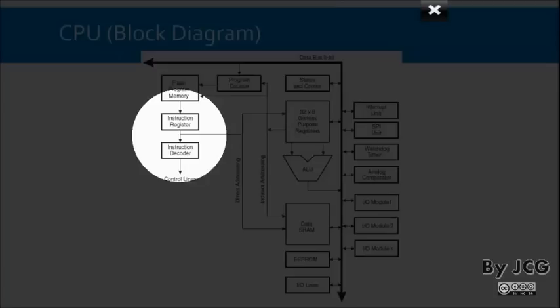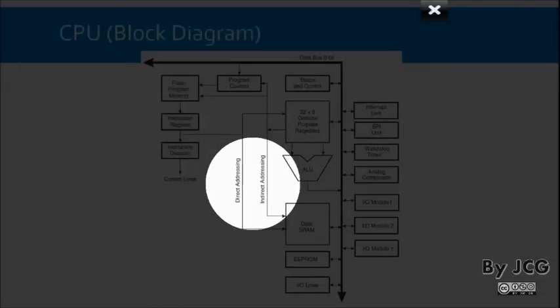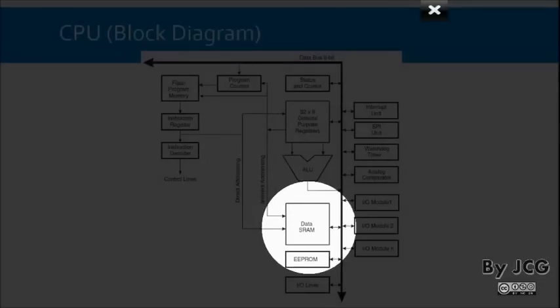The instruction comes in binary, in zeros and ones, and it decodes this instruction in order to know what the microcontroller needs to do. Another important part that you need to take a close look at is these words which say direct addressing and indirect addressing. Basically, what they do is access the data stored in the static RAM.